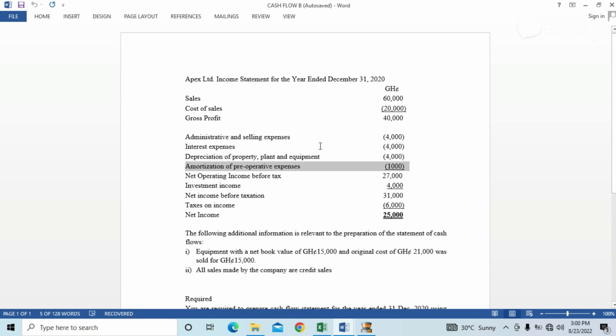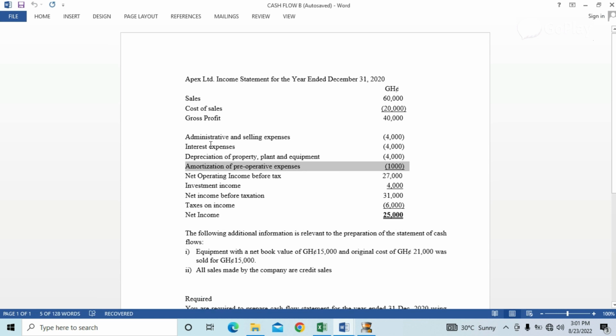We have depreciation, which is not going into the cash flow statement, so that one is not part. Then we have the net operating. Then we have investment income. This one will go under the investing activities. Then we have income tax. So we have to include these items, which are cash items but paid for in full: administrative and selling expenses and interest expense.